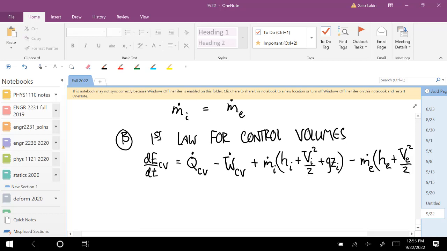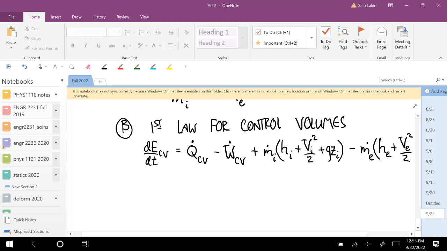And then we talked about the 5 devices. So the first one was nozzles and diffusers. So 2 of these we did in pairs and 1 we did by itself.